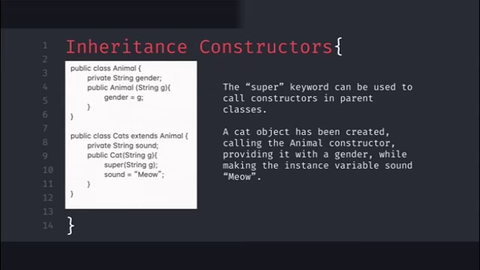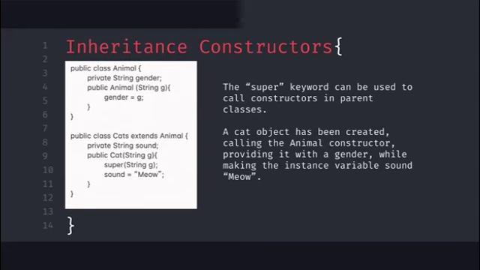And now, constructors in inheritance. The super keyword can be used in inheriting classes to call constructors in parent classes. In the example given, the parent class is class Animal, and the subclass is class Cat, which extends Animal.